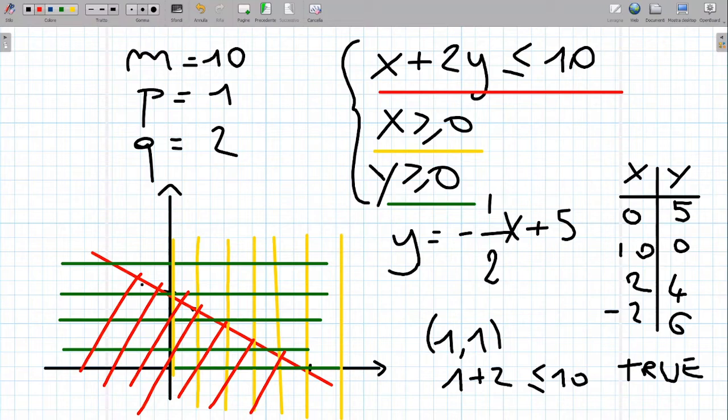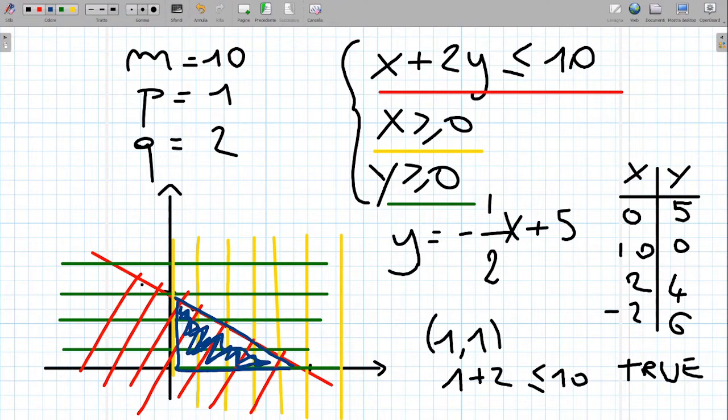Okay, and now I have almost finished my problem because I can see which is the region that overlaps the 3 inequalities, and it is exactly that triangle. In this part, we have the 3 lines overlapped.